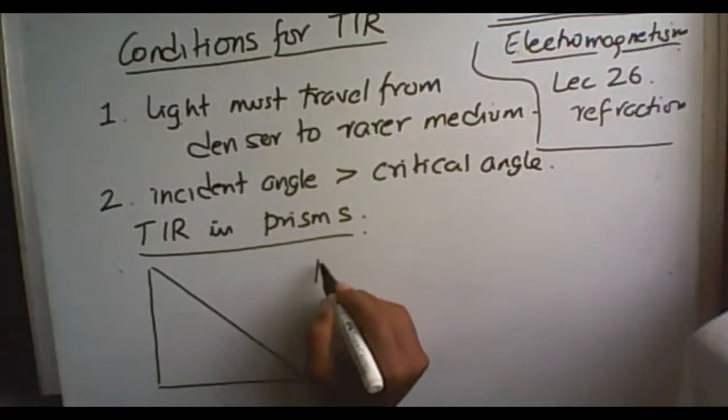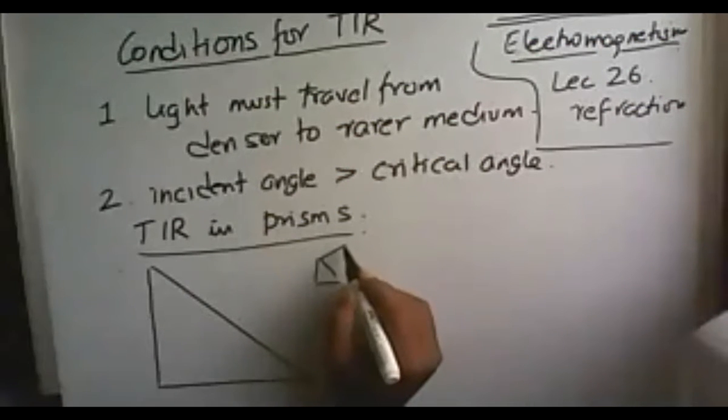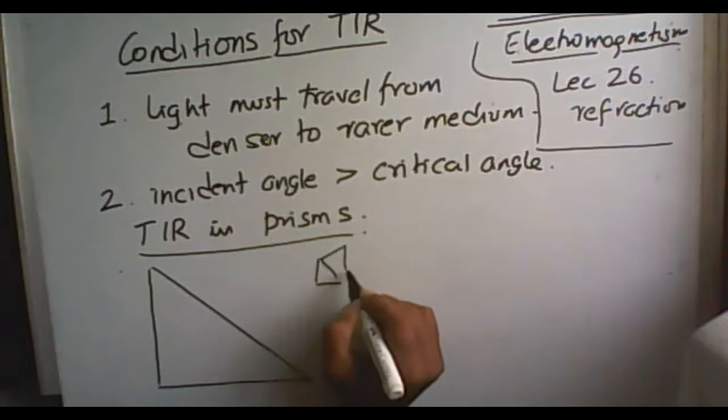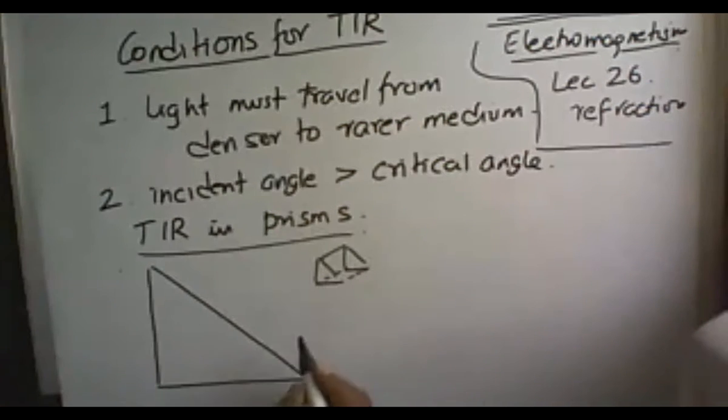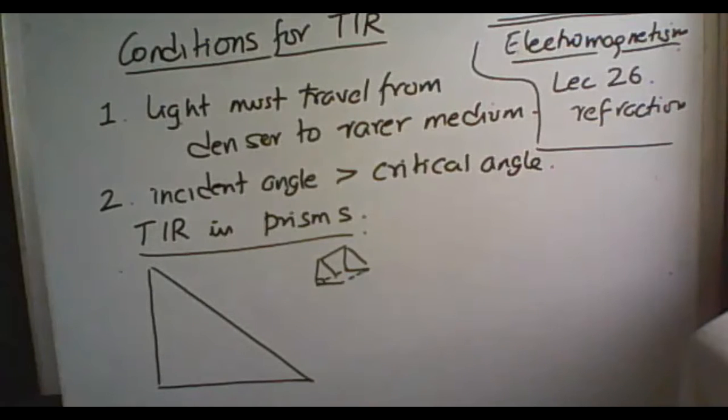The prism itself will look like this, right? So that's the prism, and this is the right angle over here. We are talking about the ray of light striking the prism like so.